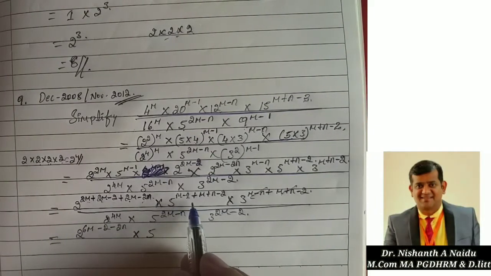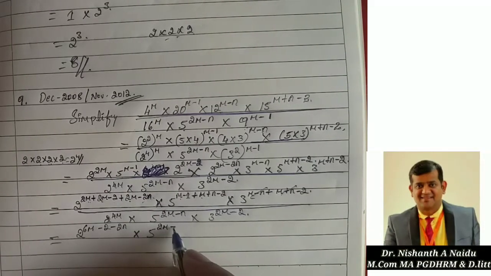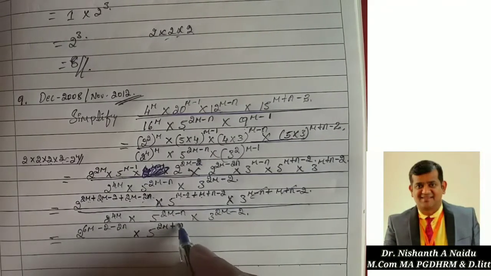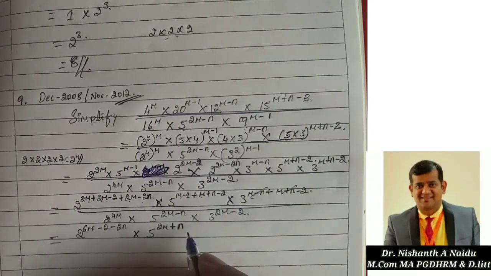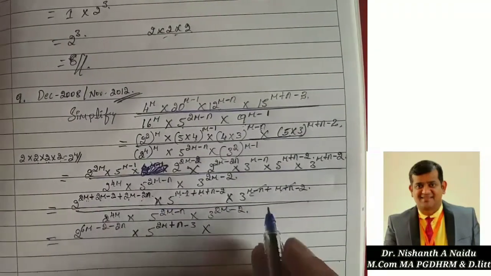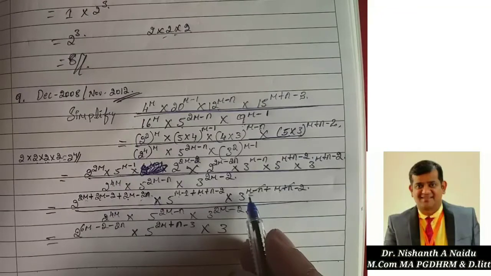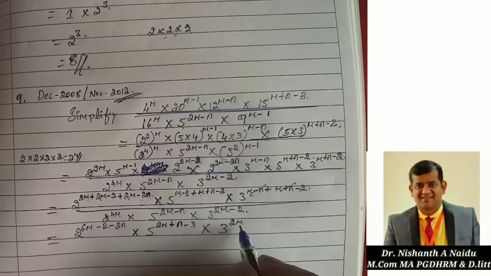So what we'll do, first add m's. So that is 1 plus 2. So how many m's we have? 2m. Okay, 2m plus 2m plus how many n's we have? 1n. So I am writing n minus 1 minus 2, that becomes minus 3. Clear? Into. So here we have 3 to the power, so here how many m's we have? 1m, 2m. So 2m, 3 to the power 2m.